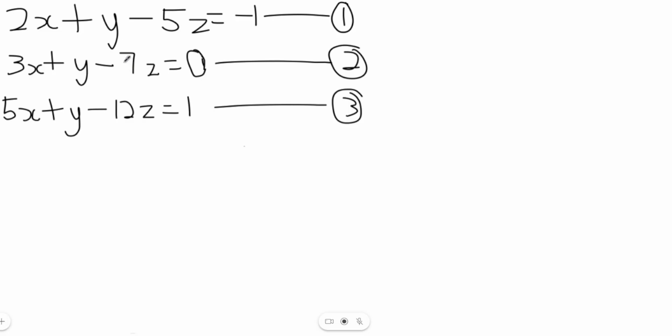Our first goal for these types of problems is to make one variable turn to 0. What does that mean? Now, variables are letters in math. For this example, it is x, y, or z. So how do we make either variable 0?